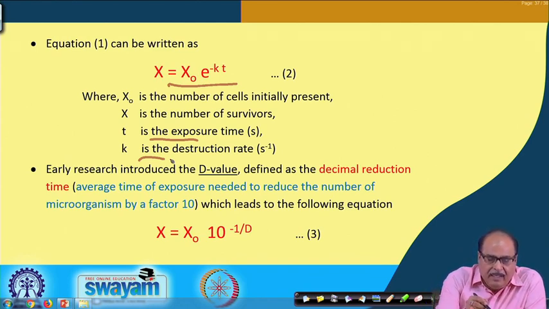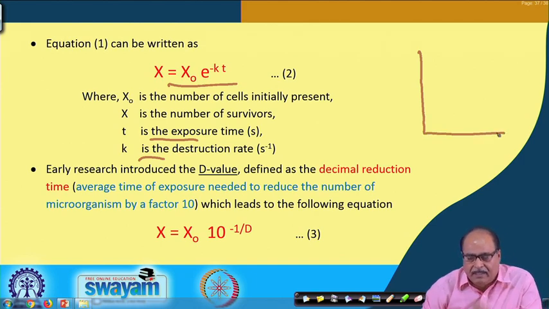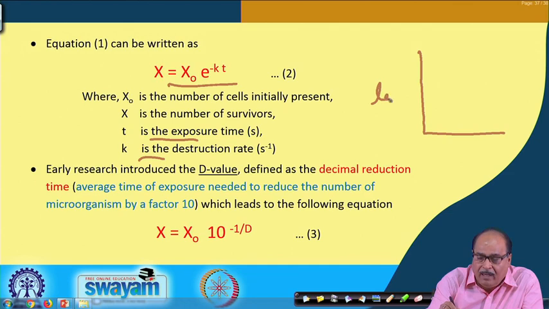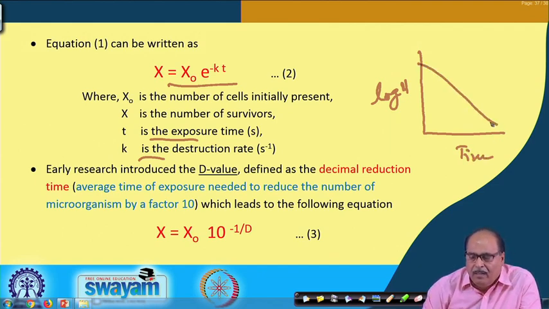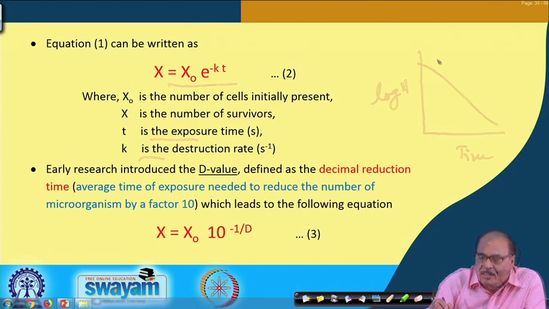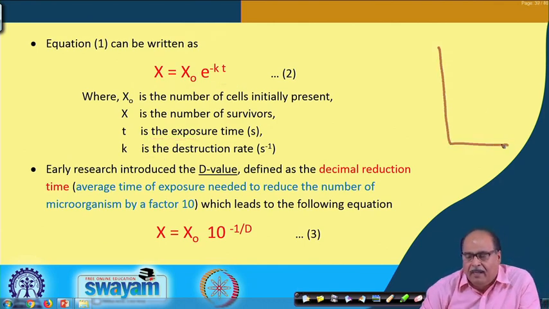And in this microbial death process, there is a concept of D value, where the log of the number of survivors is plotted against time, that is, on a semi log cycle.